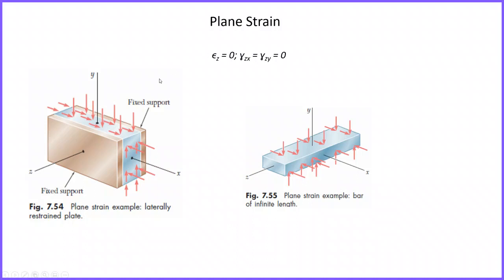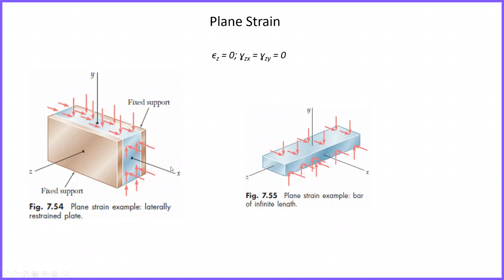So if a loading condition meets that epsilon z is equal to 0, gamma zx is equal to gamma zy is equal to 0, we can consider this loading condition as plane strain.